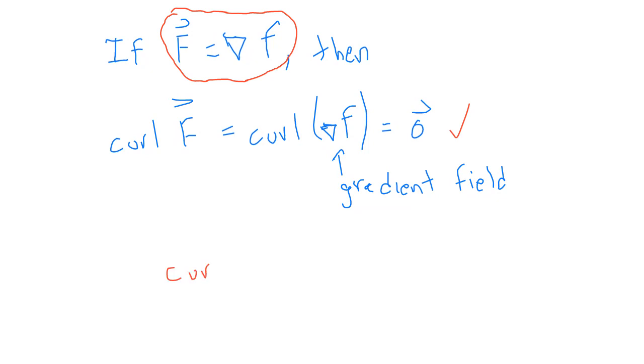So this establishes that if you take the curl of your vector field and it equals zero, then automatically you know you have a conservative vector field, because the curl of the gradient field is equal to the zero vector. That means your vector field can be written as the gradient of some function. In other words, a potential function exists.